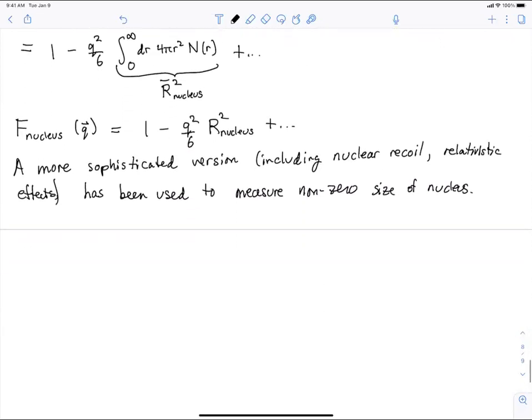So in fact, this is in current events, this is sometimes called the proton radius puzzle, because different ways of measuring the radius of the proton give slightly different answers.